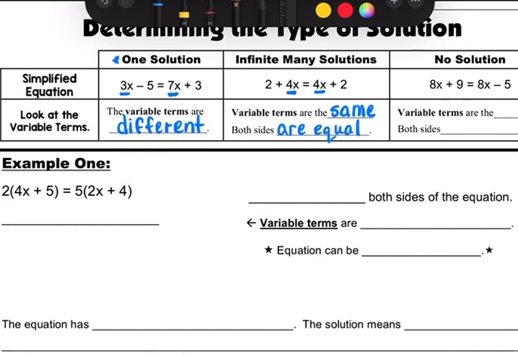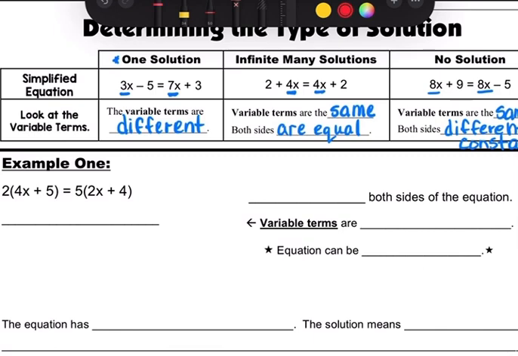So you can look at the equation in its simplest form and determine, hey, what is it? If there's no solution, the variables will be the same and both sides are different. What other sides are different? The constants will be different.